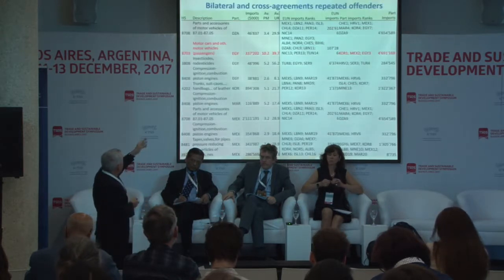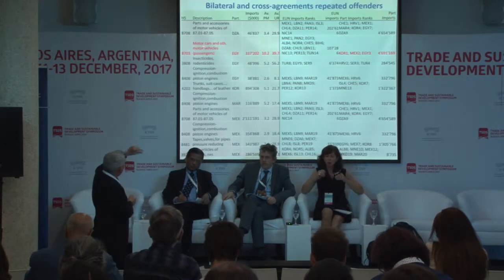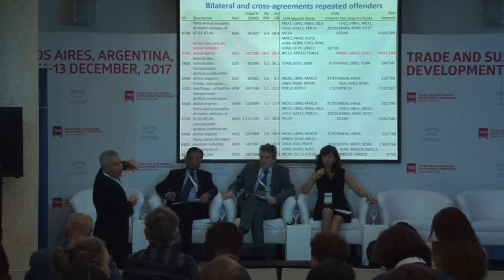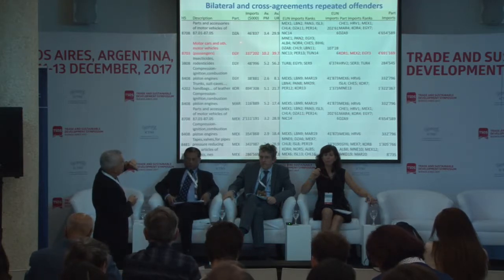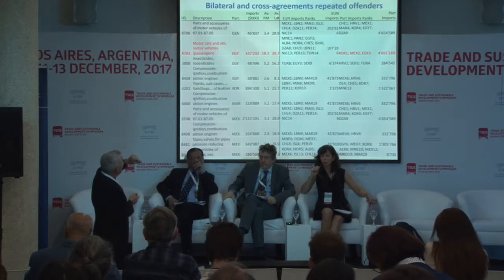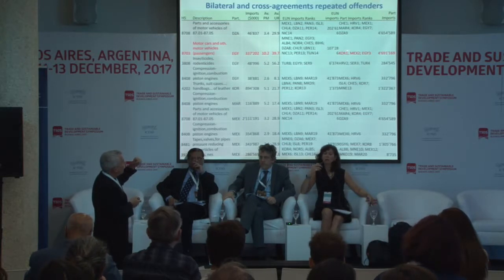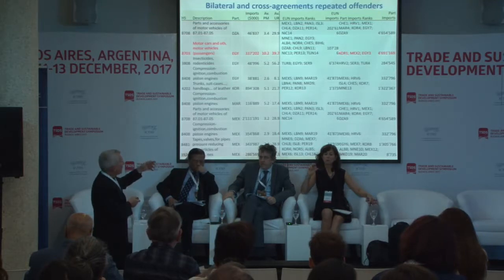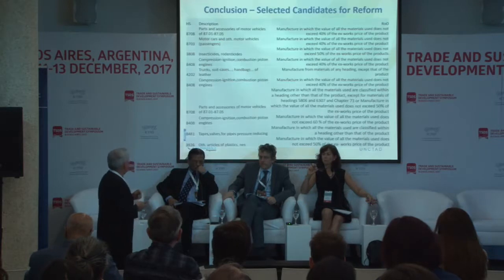This is an example of how we identify, at 4-digit level, that motor cars and rules of origin in the European Union free trade area agreements have a problem. Not only do they have an average utilization rate of 39% in trade with Egypt, but they also record consistently low utilization rates in other free trade areas, like Korea, Mexico, and of course Egypt.